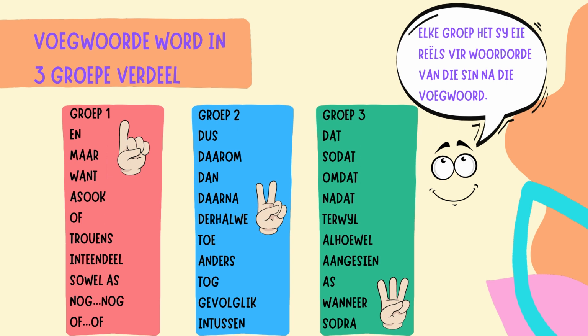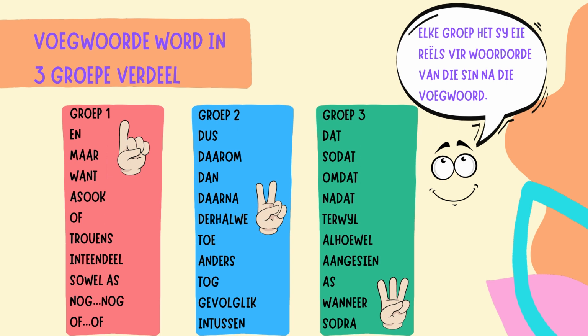And, but, because, as well as, or, therefore, as well as, neither nor, either or. All right, so those are all group 1 conjunctions and they will follow group 1 rule. Now we'll look at the rule just now. Let's go to group 2 conjunctions.